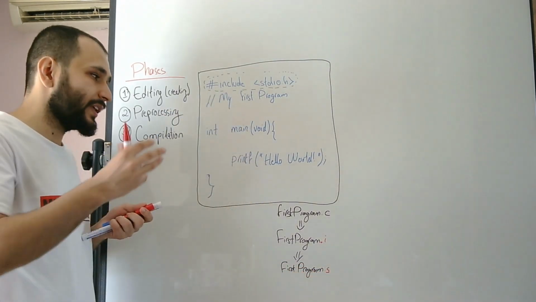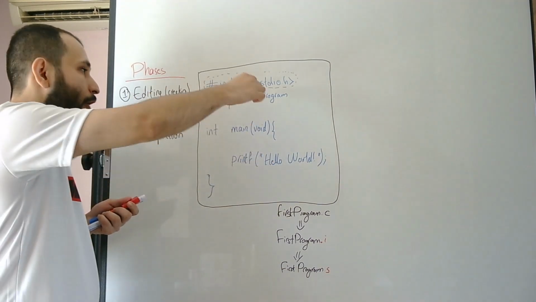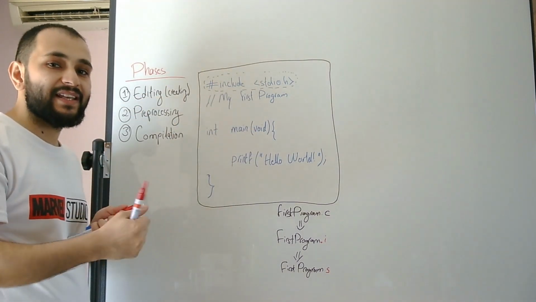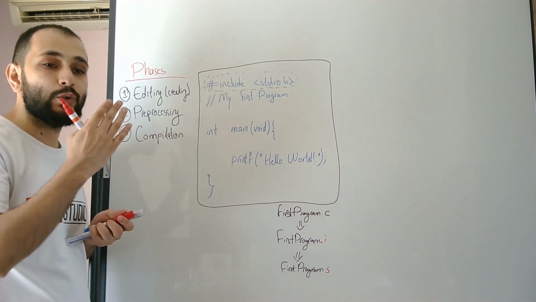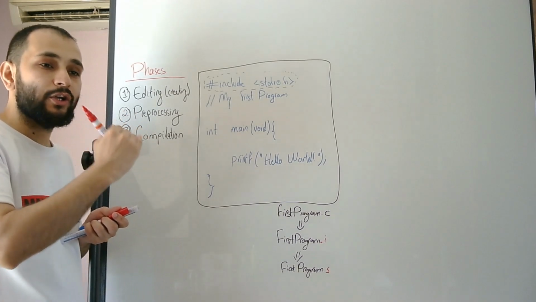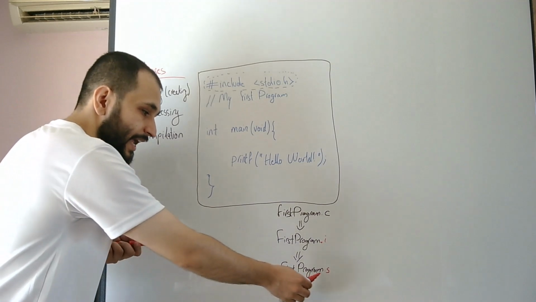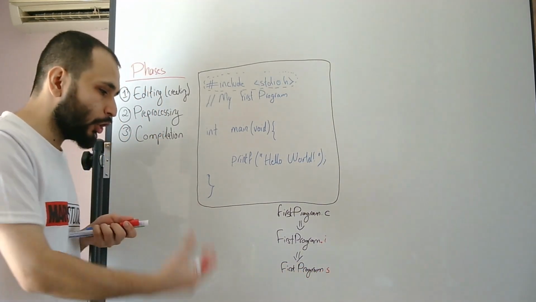So what happens during this phase is that the file from the output of the pre-processing, which was in the C programming language, is converted into assembly language. So the level of the language is going to be assembly language, and in this .s file we are going to have assembly level code.